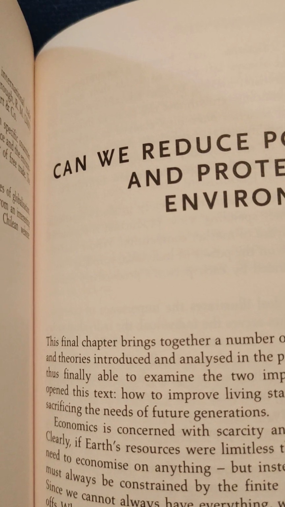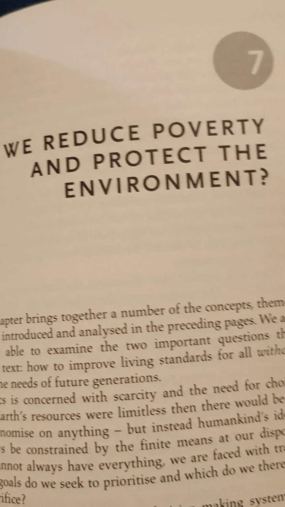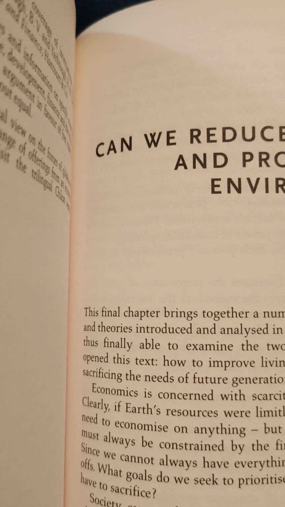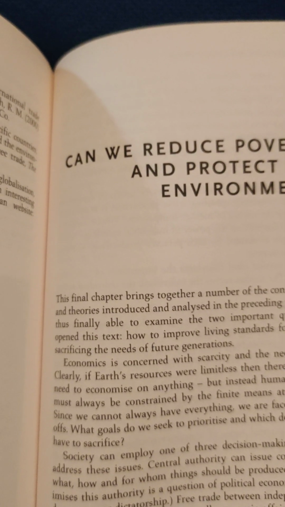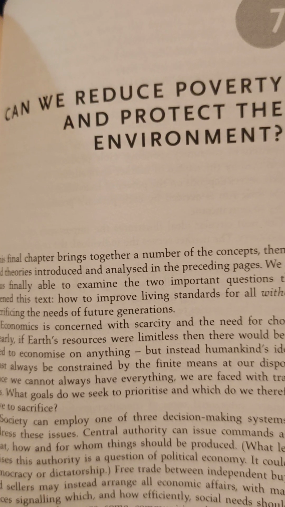So there's this chapter number 7. Can we reduce poverty and protect the environment? So this final chapter brings together a number of concepts, themes, and theories introduced and analyzed in the preceding pages.